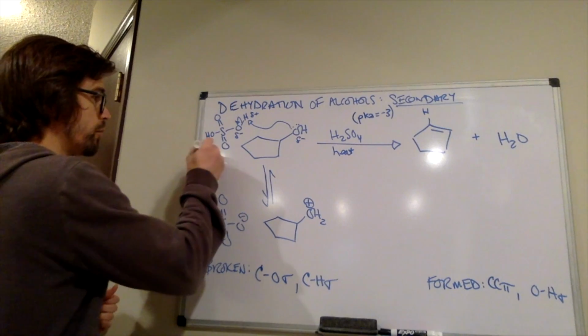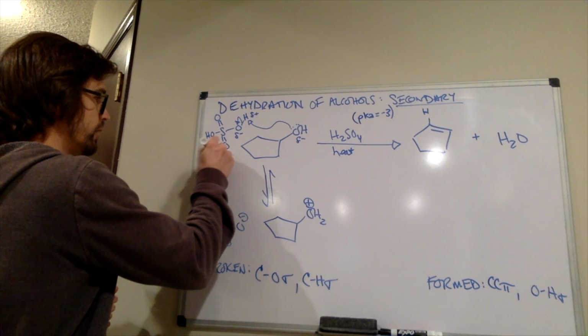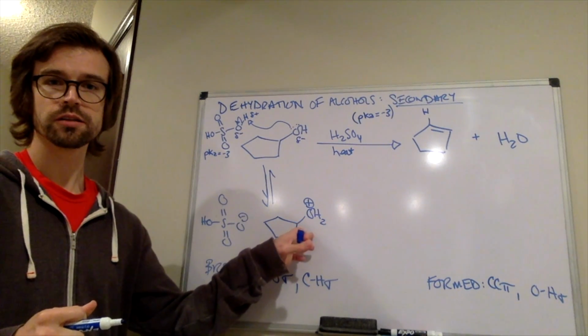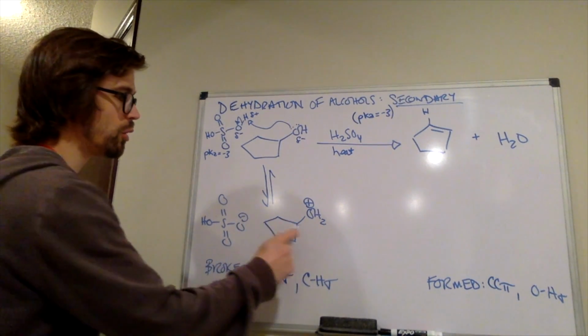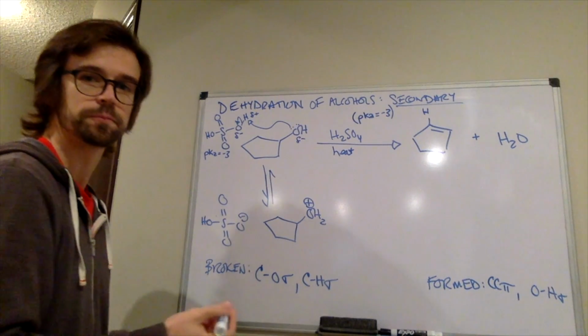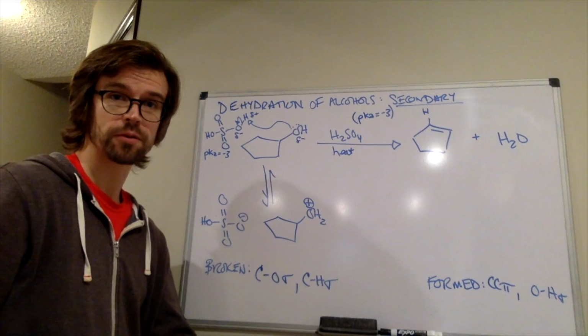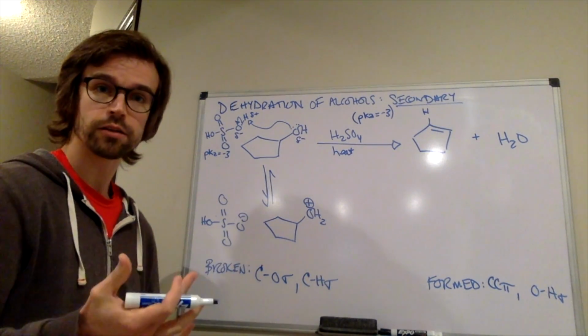And when we think about it, I just told you this pKa, it's not on our list, but it's -3. And what would be the most similar pKa to what we have here? Is water the most similar? Is hydronium ion the most similar? Something else?